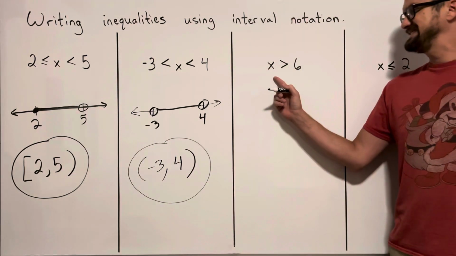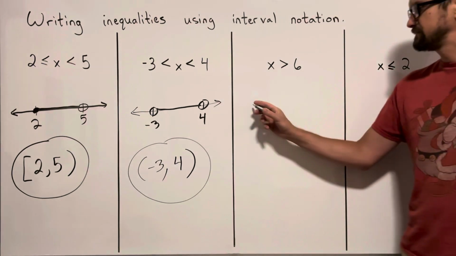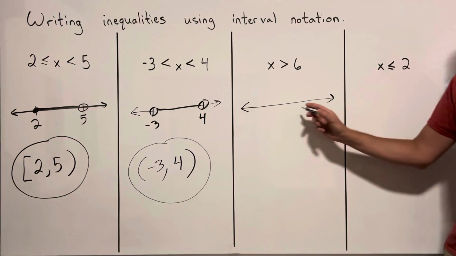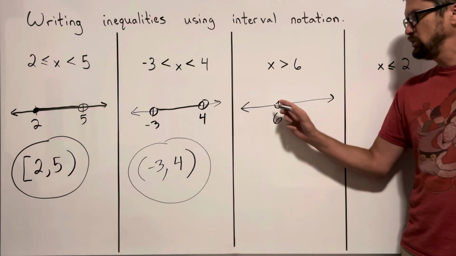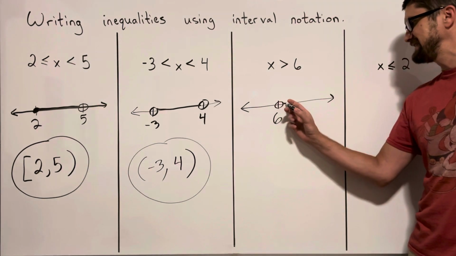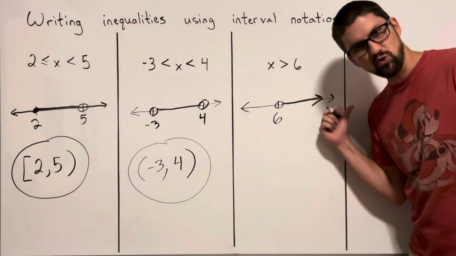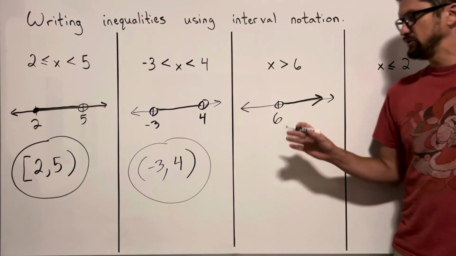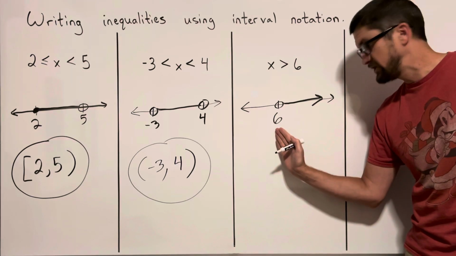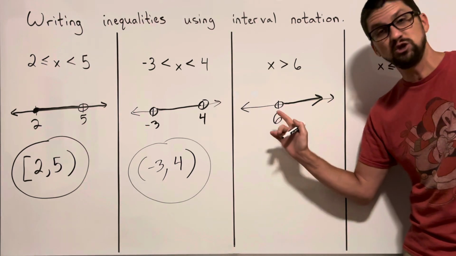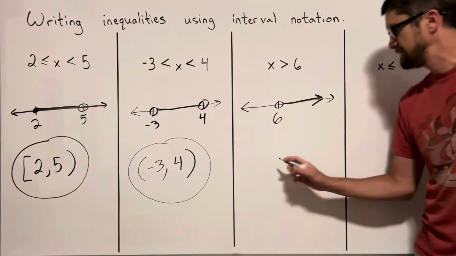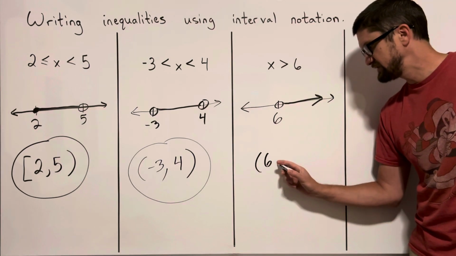All right, this one, x is greater than 6 on the number line. 6 is not included, gets an open dot, and x is greater than 6. So it's everything to the right of 6. So interval notation, start on the left. We're starting at 6. The 6 is not included, it gets a parenthesis. So parenthesis 6, comma.